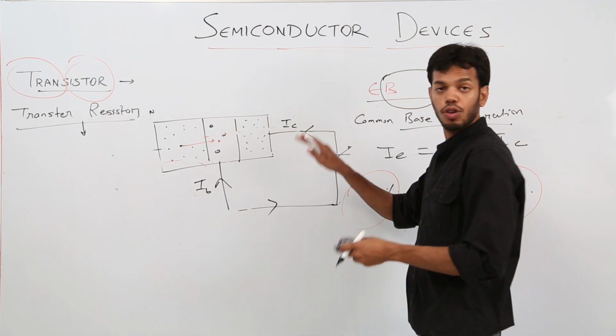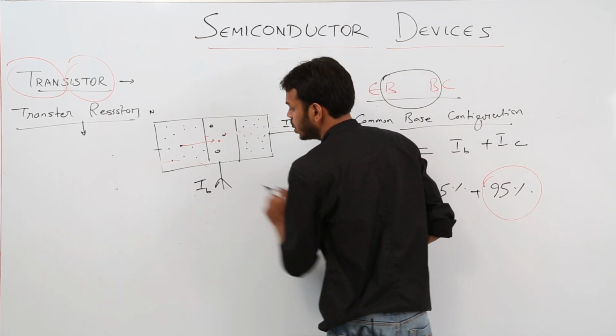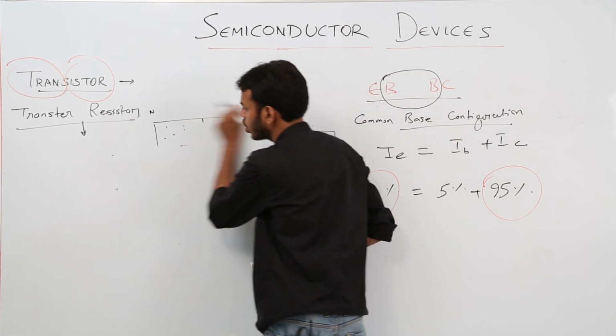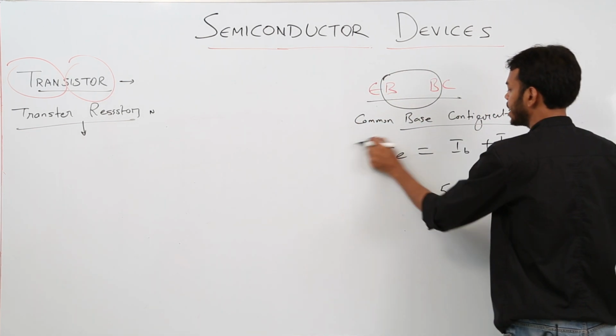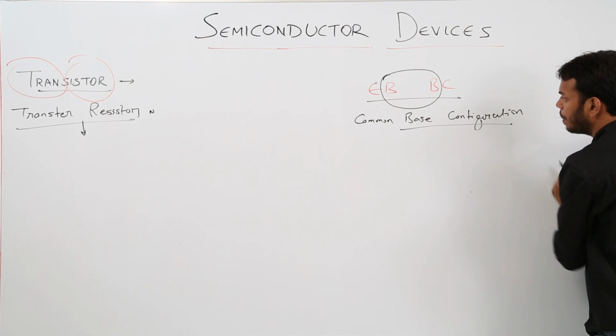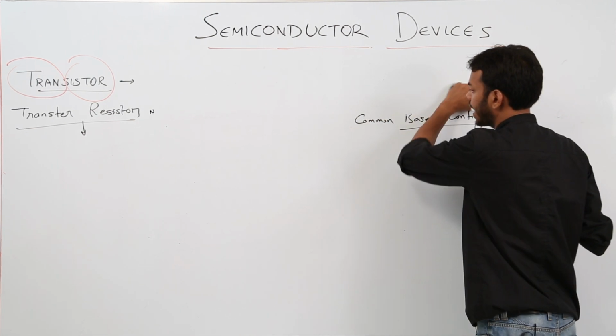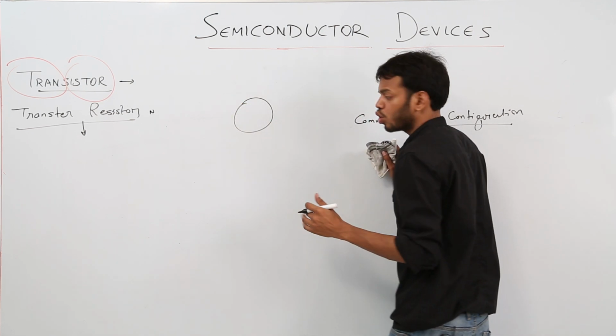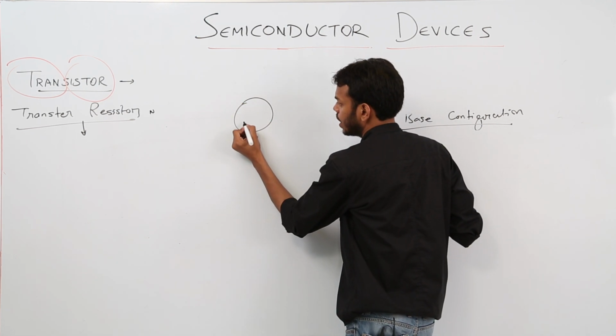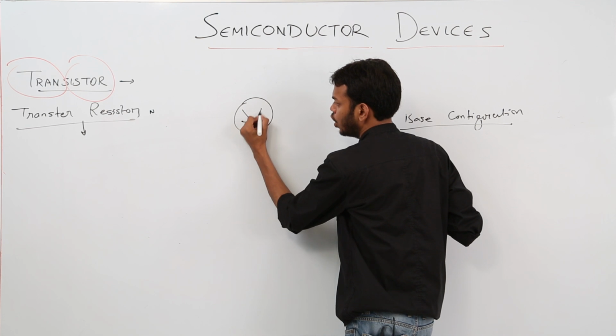Now I am removing this. This was the block diagram to represent how the current flows, what is the formation causing the flow of current in a transistor. Let's make these three circuit diagrams for common base, common collector and common emitter. One is common base. The easiest way to draw is, first of all, draw the transistor.